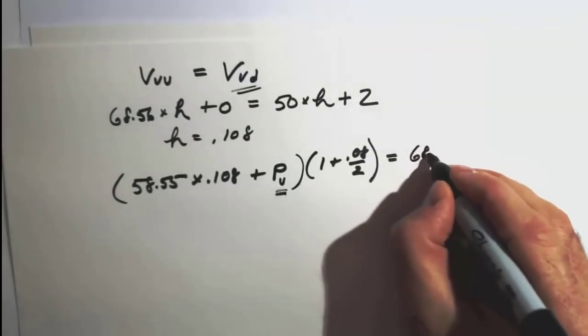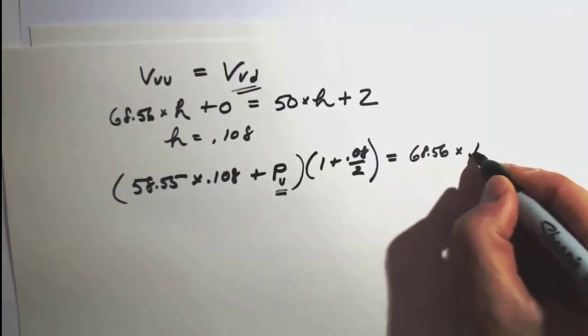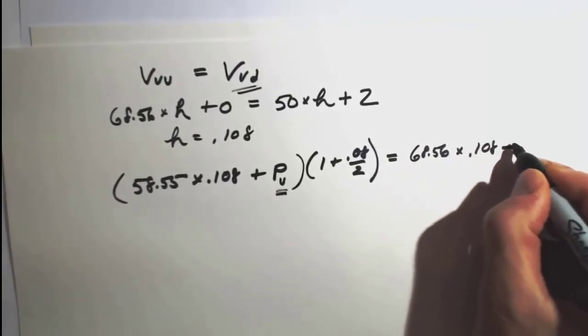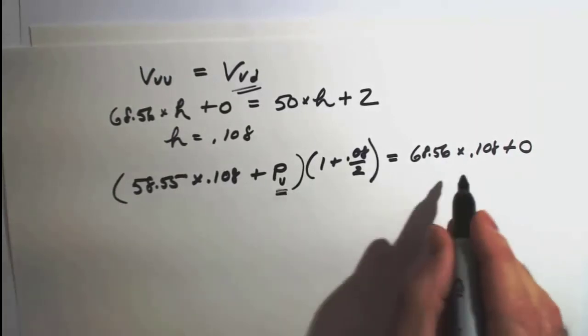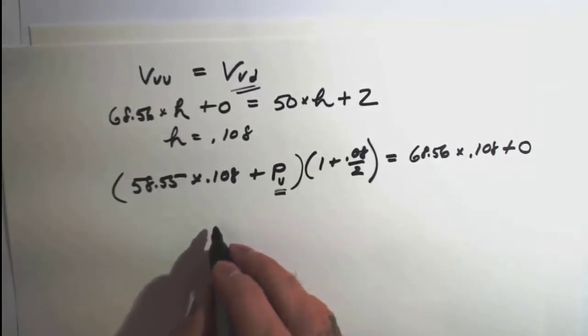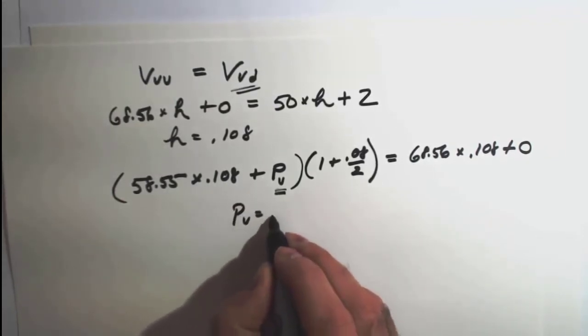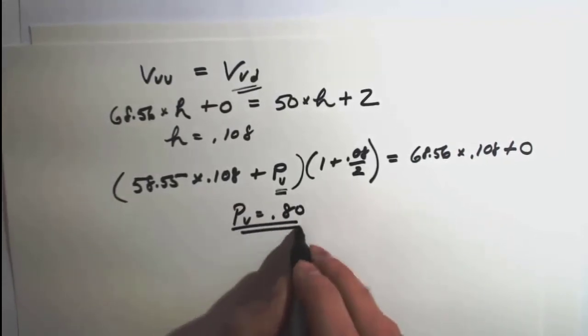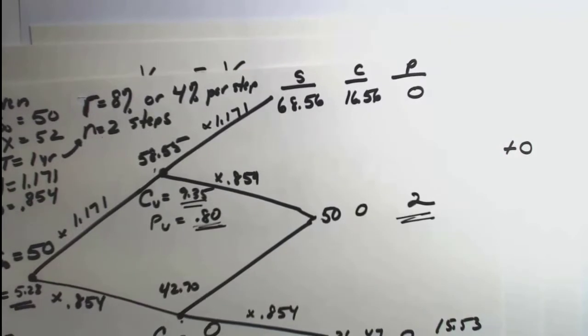So it's 68.56 times 0.108 plus 0. Now solve this mathematically for PU. PU equals 0.80. The put on the upside at this point in time is worth 80 cents.